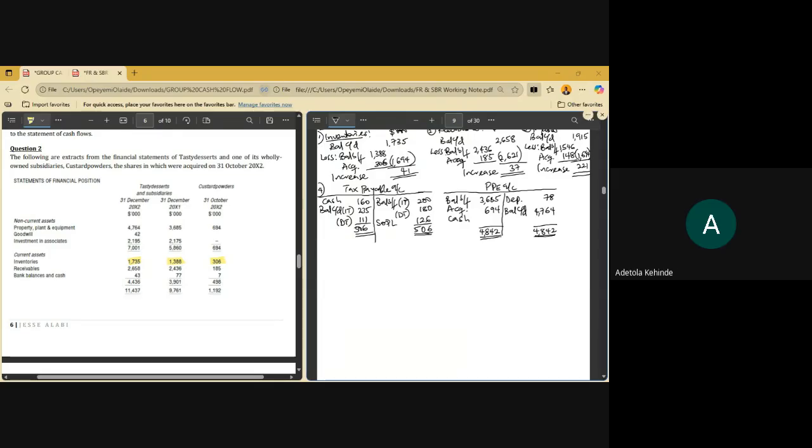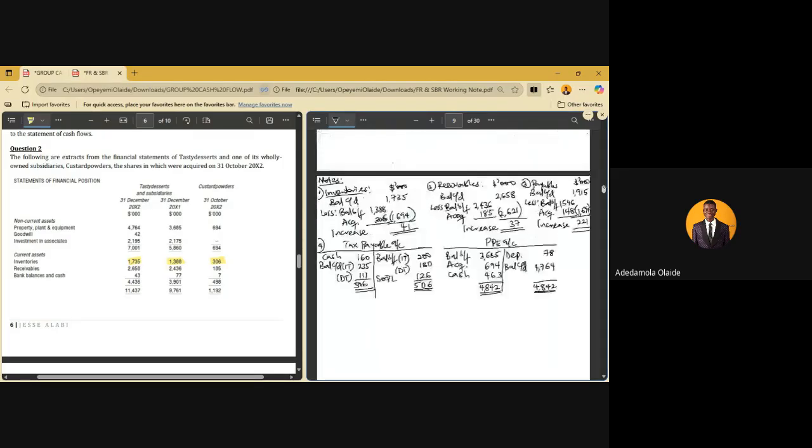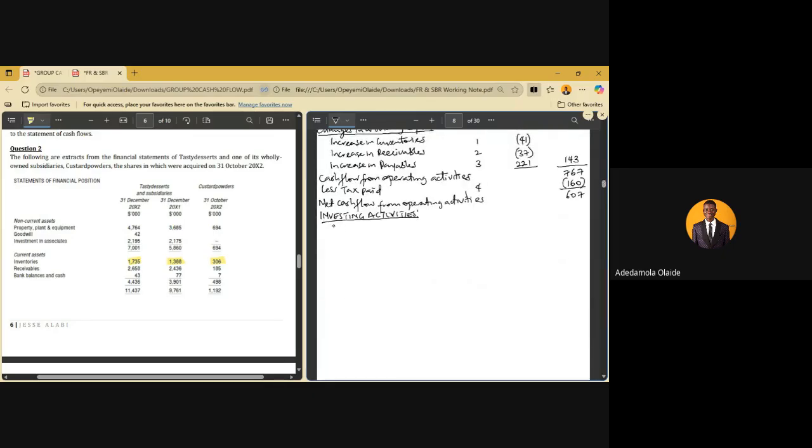If that is 463, that means that's the value of the PPE acquired during the year. Acquisition of PPE, 463. Since it's an acquisition, that will be note 5.